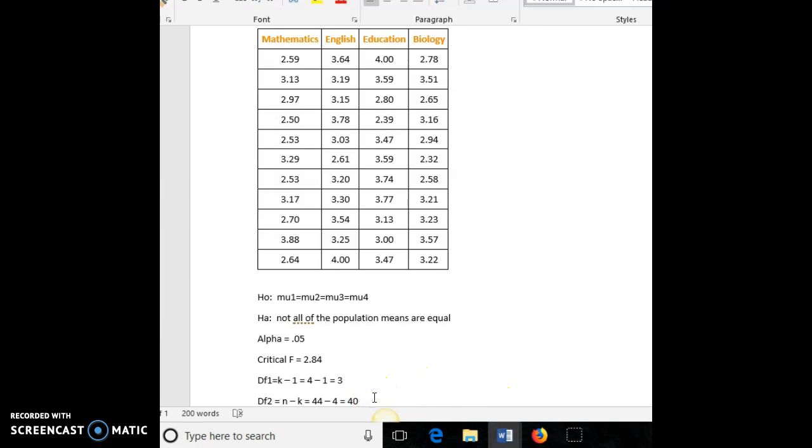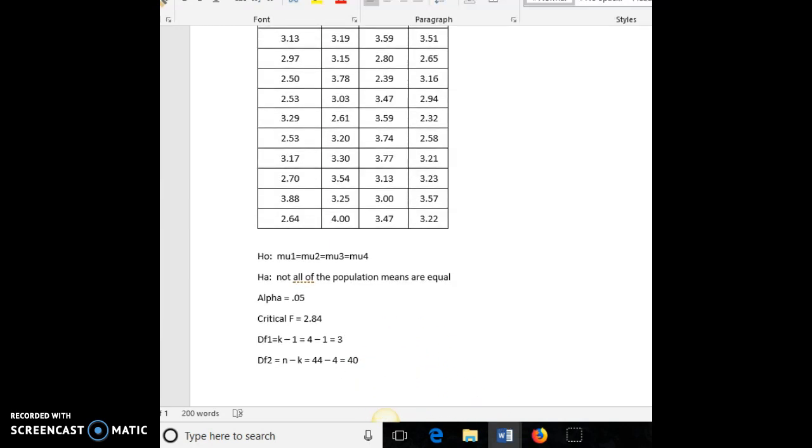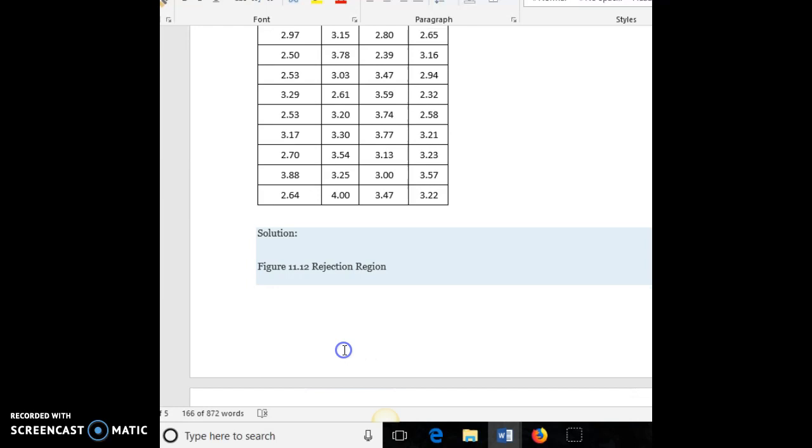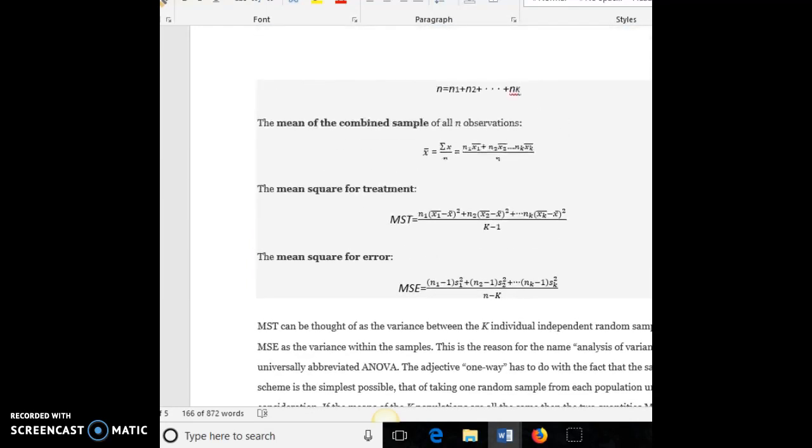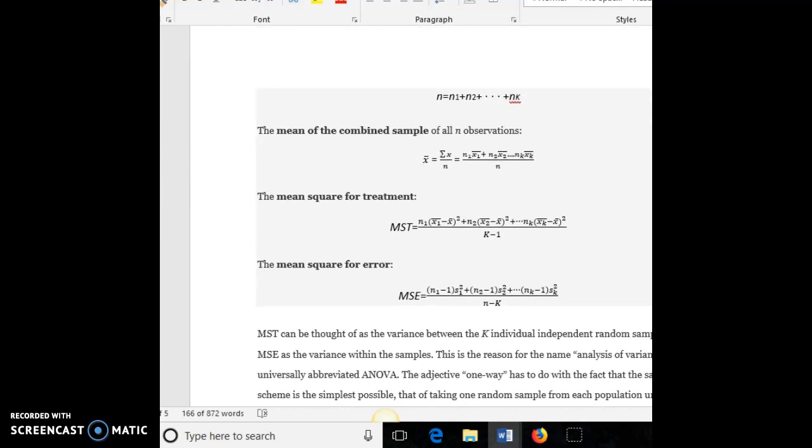But here's where it gets ugly because our computations that we need are going to be difficult. In fact, let's just go back to our notes for a second. Here's all this computation that we have to do. First thing we need to do is find the mean for each of our four categories, and then we're going to use that to find the overall mean for all of our observations.